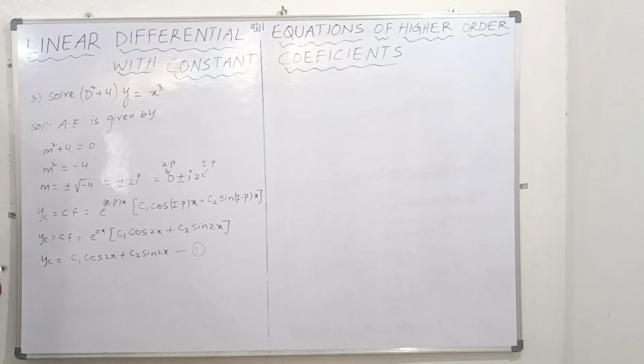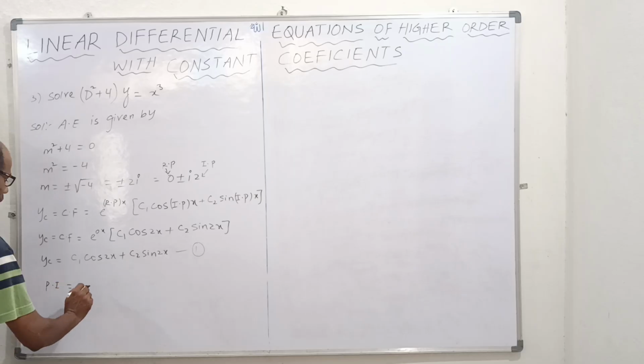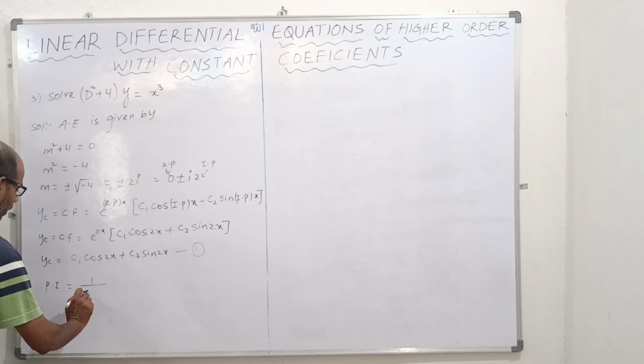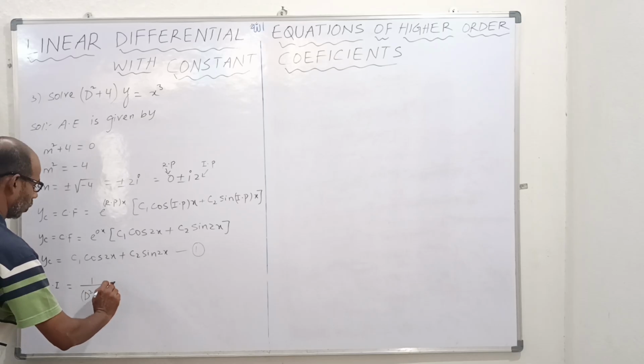Now we will find out the PI. For finding PI, what is the procedure? PI is equals to 1 upon d square plus 4 into x cube.